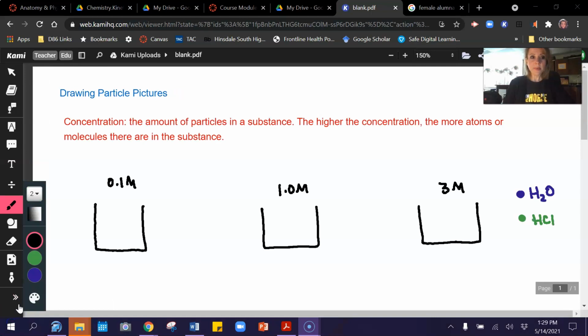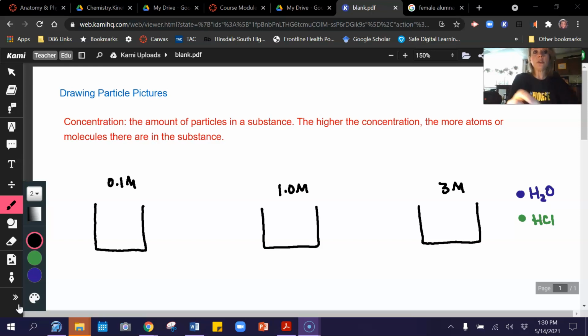Alright, so I had paused the video so that I could do a little bit of prep work here. Concentration, and I'm simplifying it, is really talking about the amount of particles that there are in a substance. The higher the concentration, the more atoms or molecules there are in the substance.